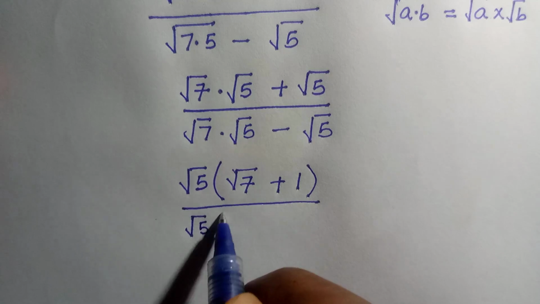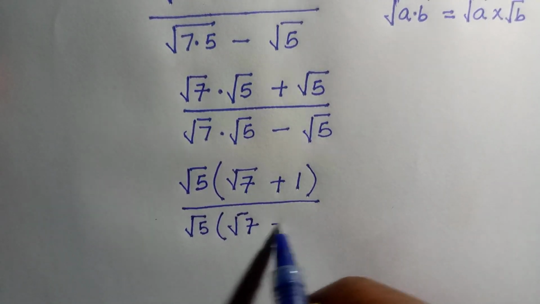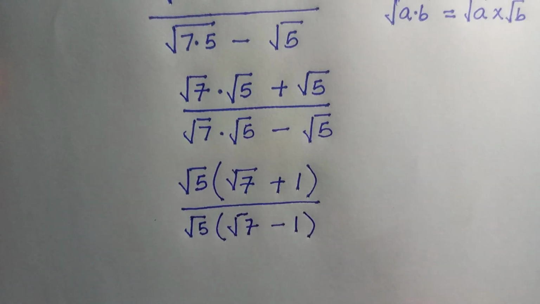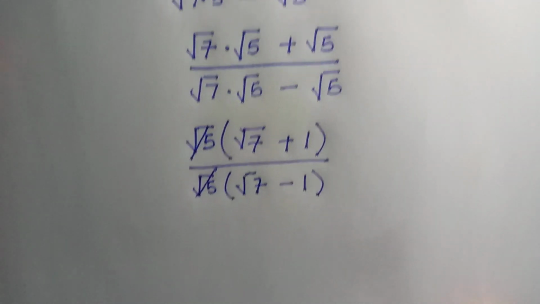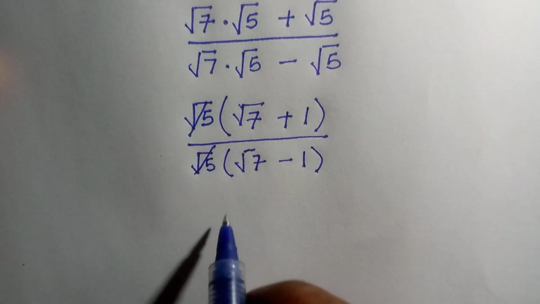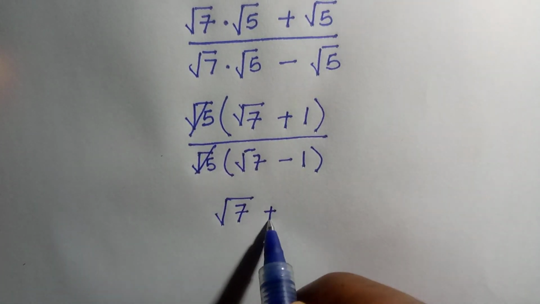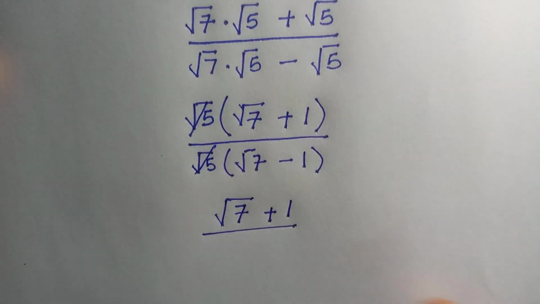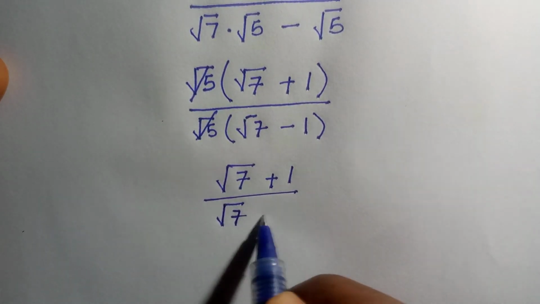We have root 5 into bracket of root 7 minus 1. And here root 5 cancels root 5. So what remains is the square root of 7 plus 1 divided by the square root of 7 minus 1.